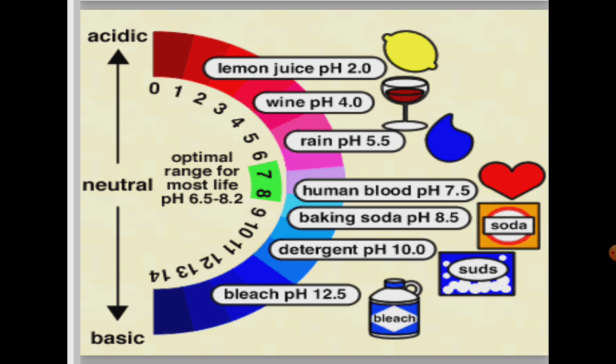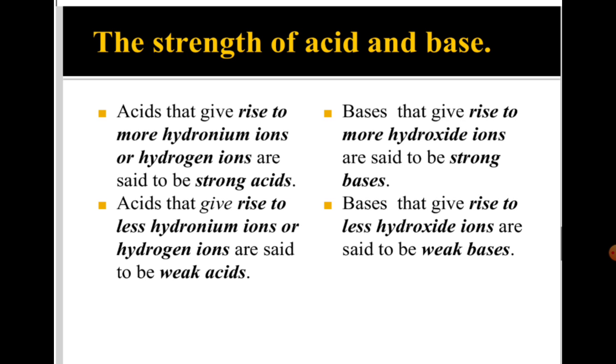Next, the strength of acids and bases. Acid that gives rise to more hydrogen ions is said to be a strong acid. In acid, if there are more hydronium or hydrogen ions, it is said to be a strong acid. In this, we will learn about acid and base strength. The second point is weakness.